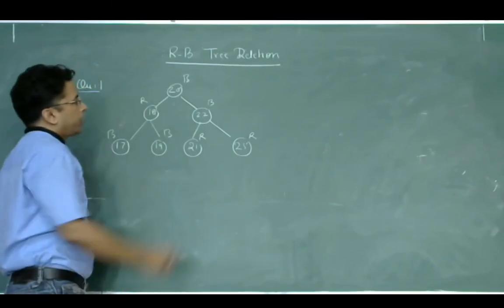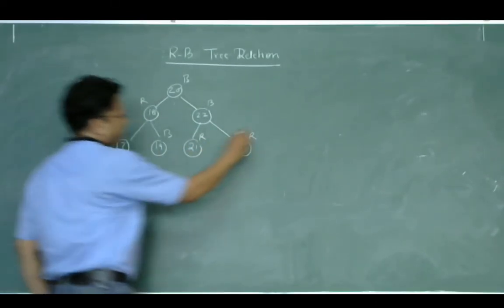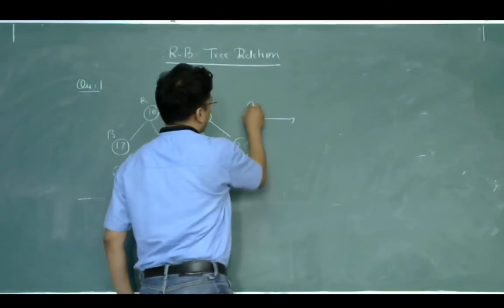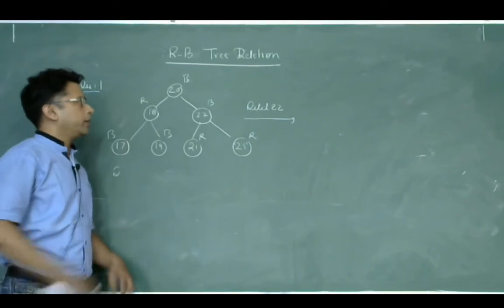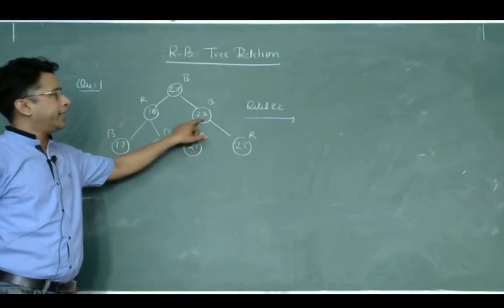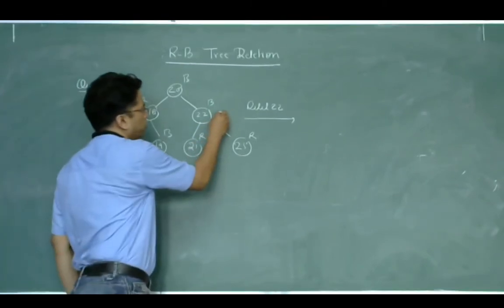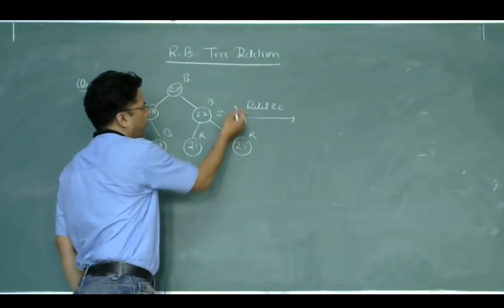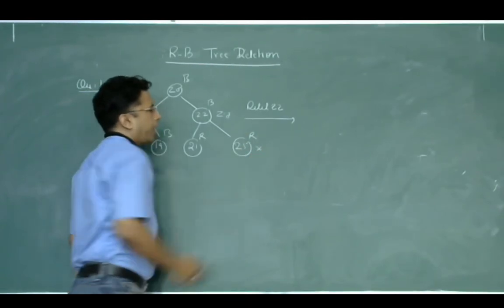Here we are deleting the node 22. So z is equal to 22, which is equal to y, and its successor, the node that will take its place, is x.